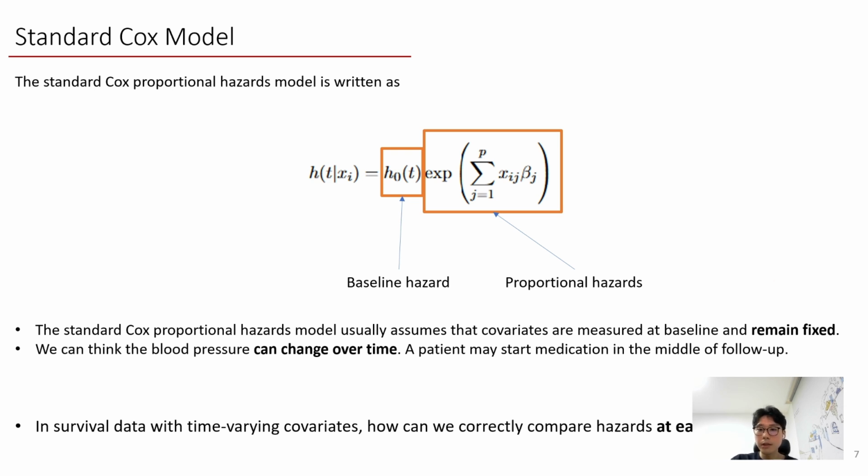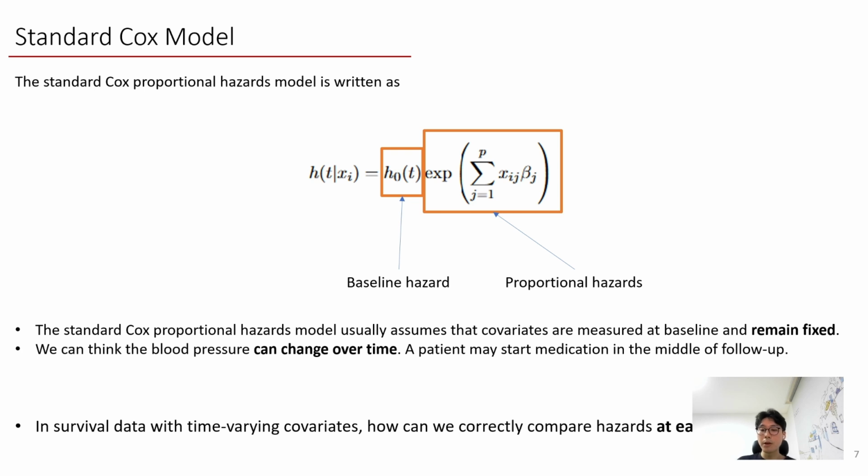The standard Cox proportional hazard model usually assumes that covariates are measured at baseline and remain fixed. For example, we may measure a treatment group once and then use those values to explain the hazard. However, this assumption is often unrealistic.